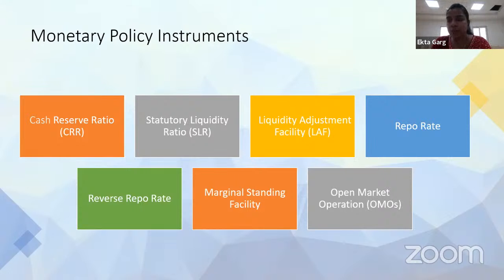So when the RBI is giving funds to the commercial bank, the commercial bank has to keep some collateral. It can be government securities or any other securities approved by the RBI. And it is done with the repurchase agreement.